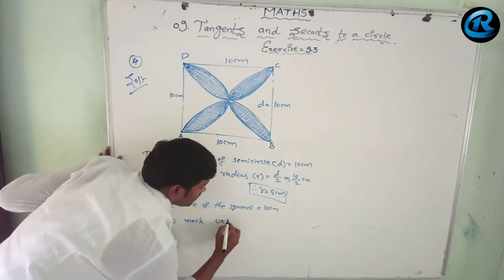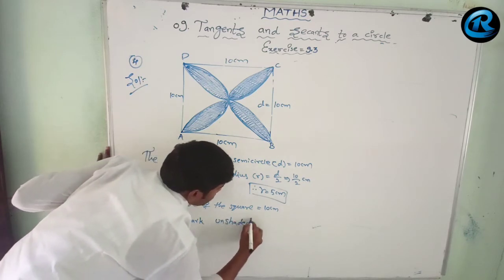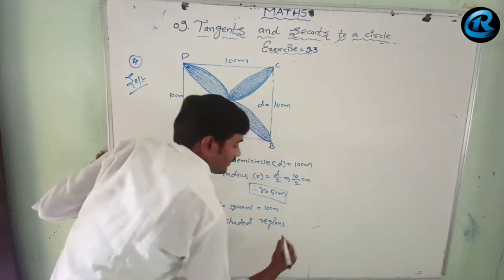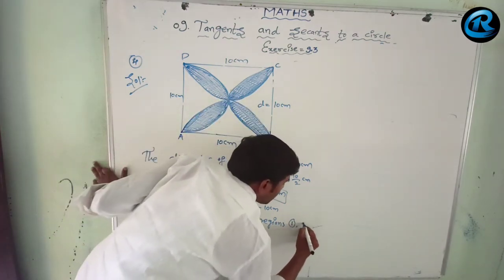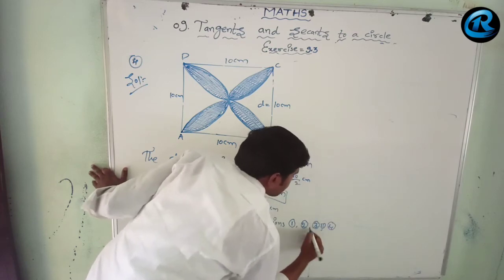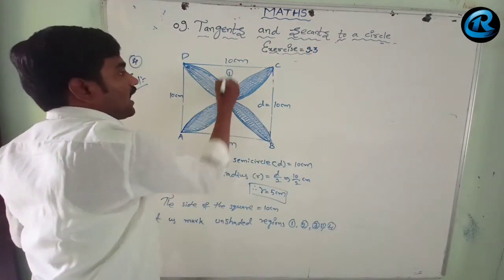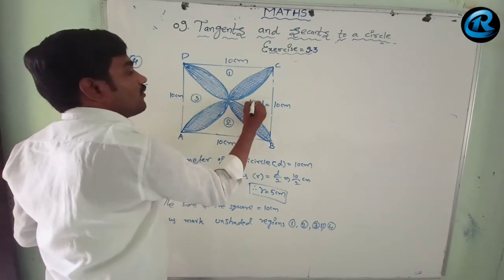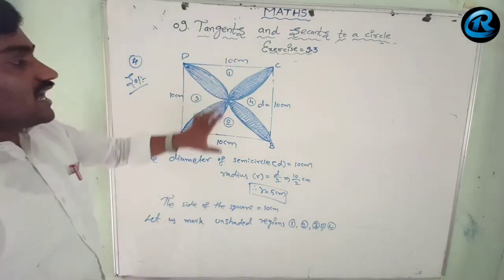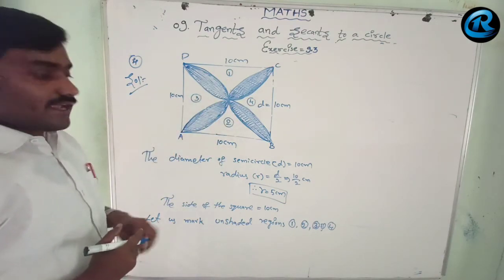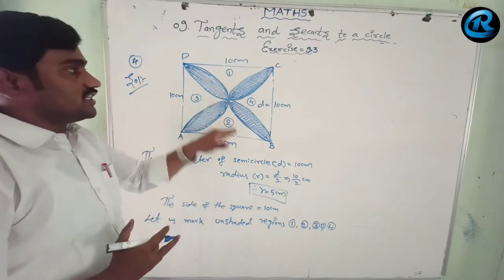Let us mark the unshaded region like parts 1, 2, 3, 4. I have divided this unshaded region into 4 parts.